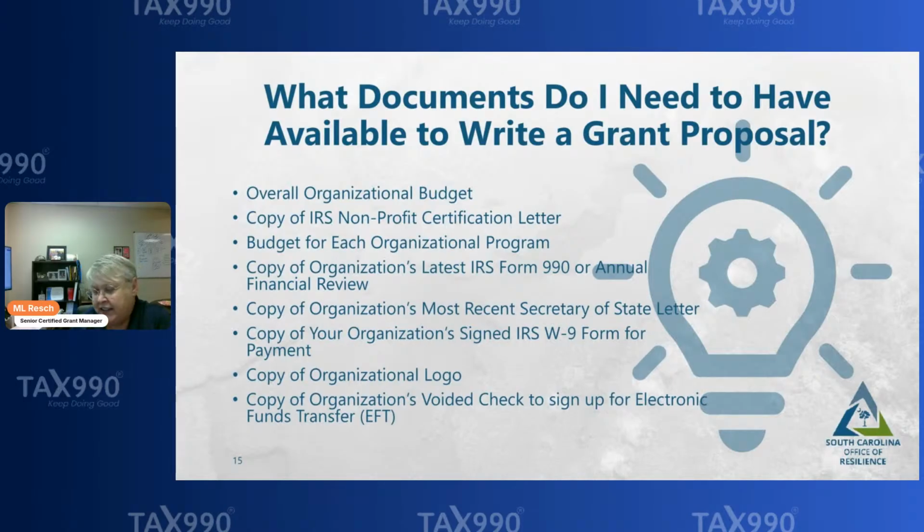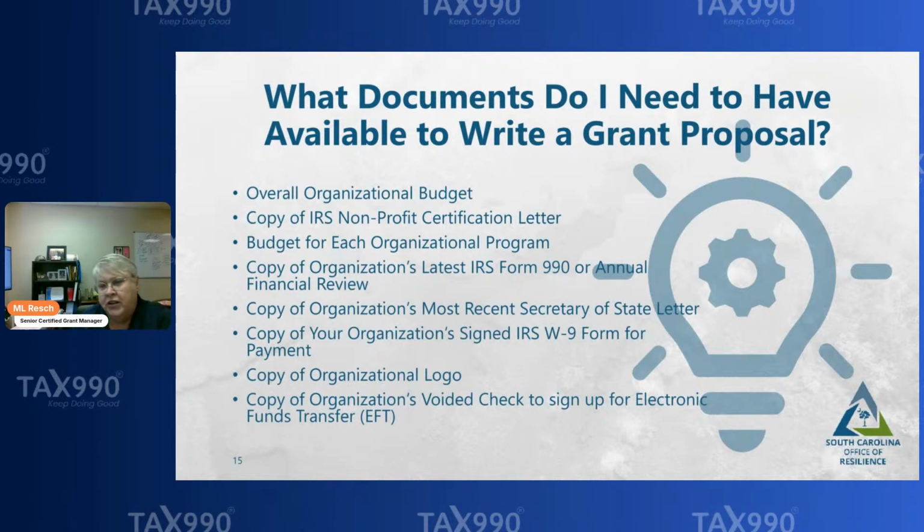And where do I get that? Your organization should have one very well safeguarded somewhere within your organization. If not, you can reach out to the IRS. It'll take you a while to get a copy, but they can provide you with a duplicate copy.